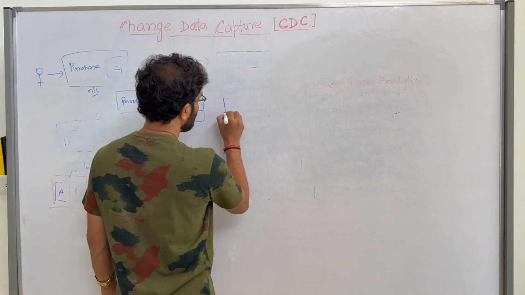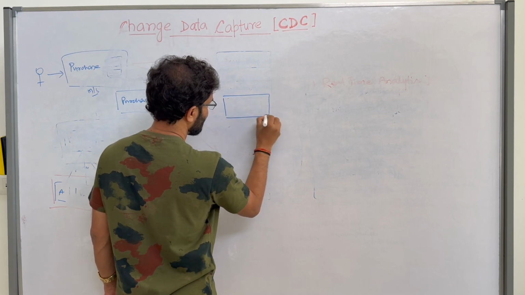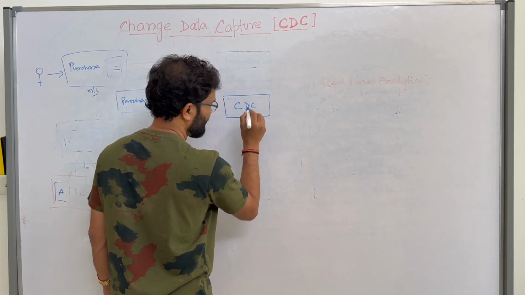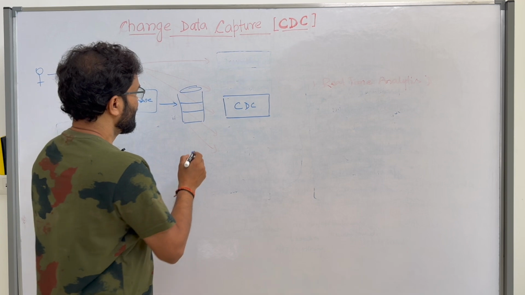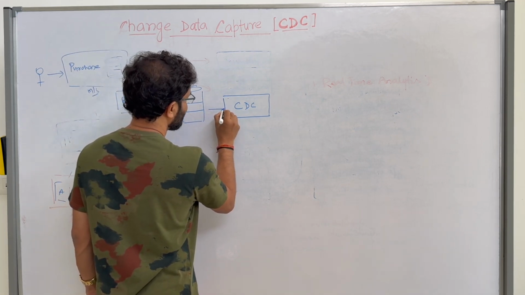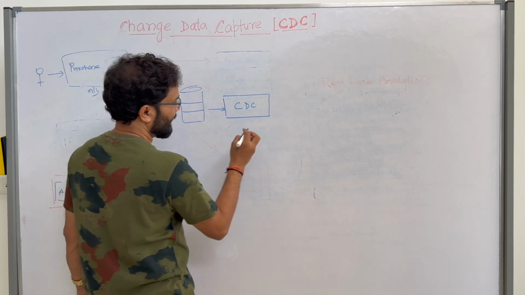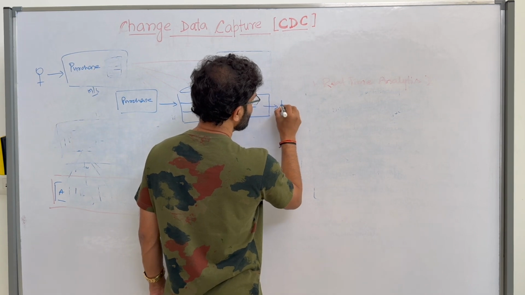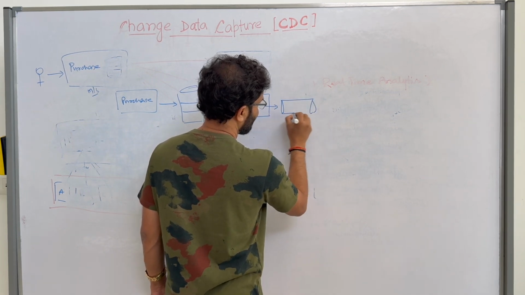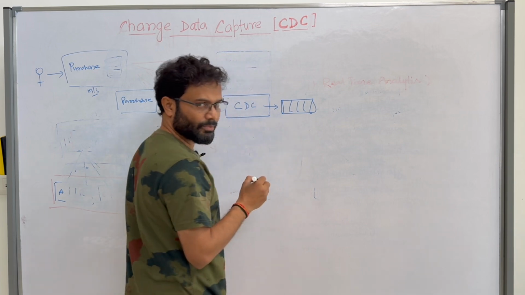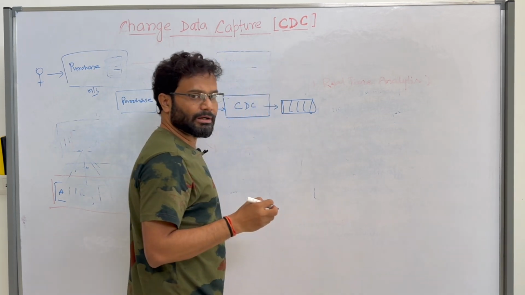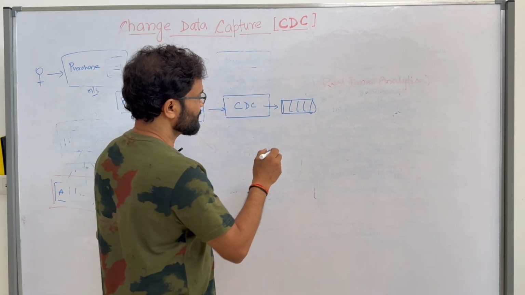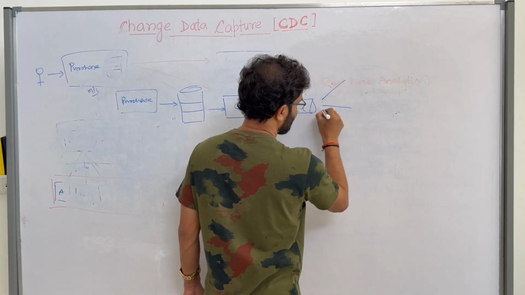So what you will do is implement one logic that is called CDC. I will tell you how it will work. CDC will take the data from the database and then push this data to Kafka, and whoever the consumers of this Kafka are, they will get the data from here.